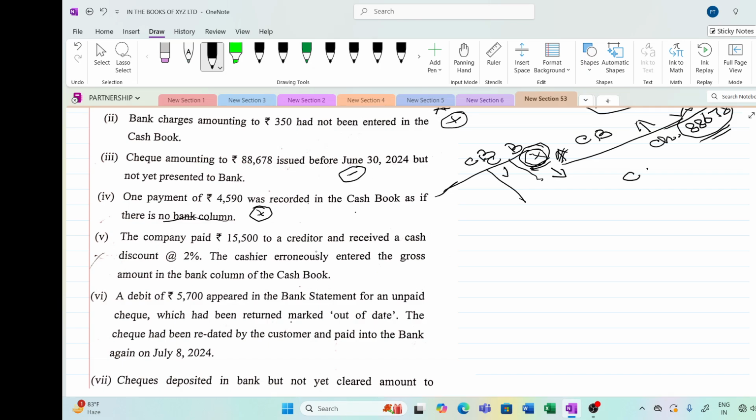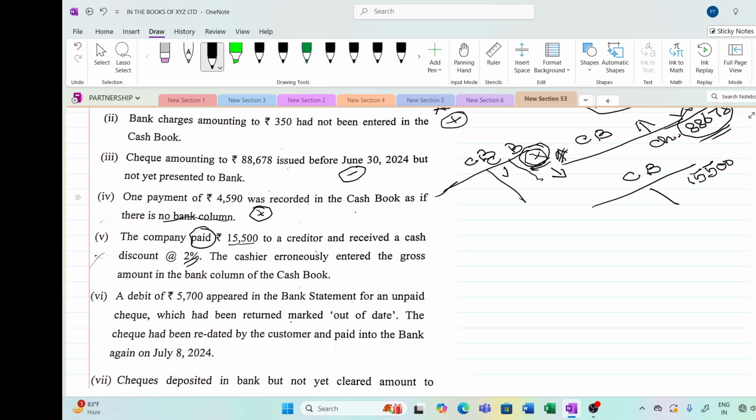Next one is the company paid 15,500 to a creditor. See here, they say that they have made a payment of 15,500, and received a cash discount of 2%. So here there is a confusion whether this 15,500 is a gross amount or the amount actually paid.